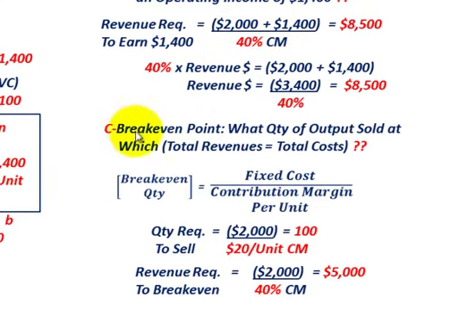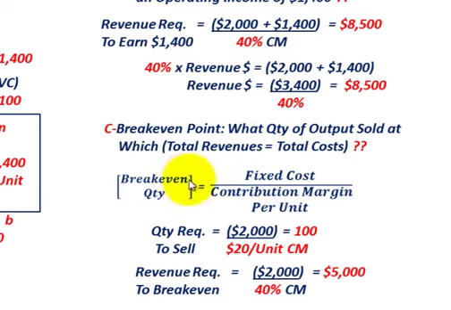Now let's look at one other point. Let's look at the case where we're going to have a break-even point. Remember, what you're really asking is what quantity of output sold at which your total revenues are going to equal your total costs. Remember, we looked at it on the graph, where that was the line intersection between our total costs and our total revenue.